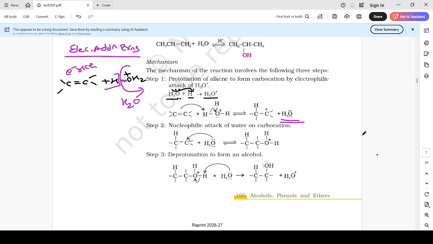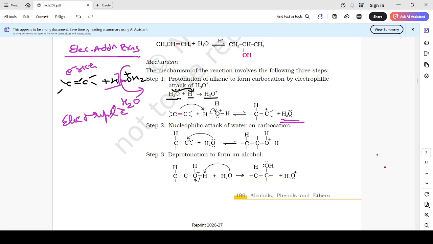The double bond is electron rich. So whenever there is an electrophile, that means an electron deficient substance, an attacking agent is coming, it has to go for the addition reaction here.